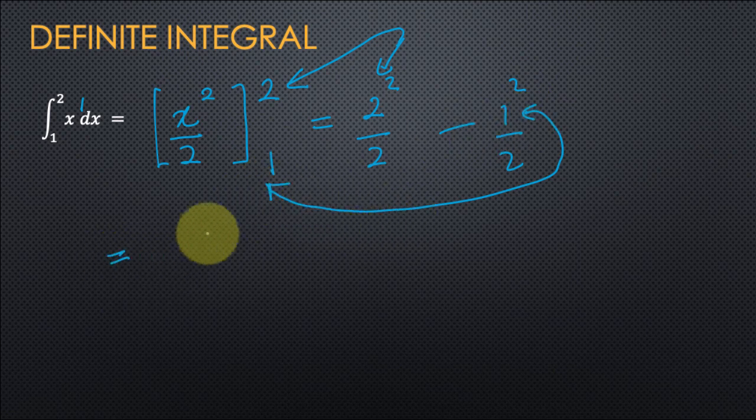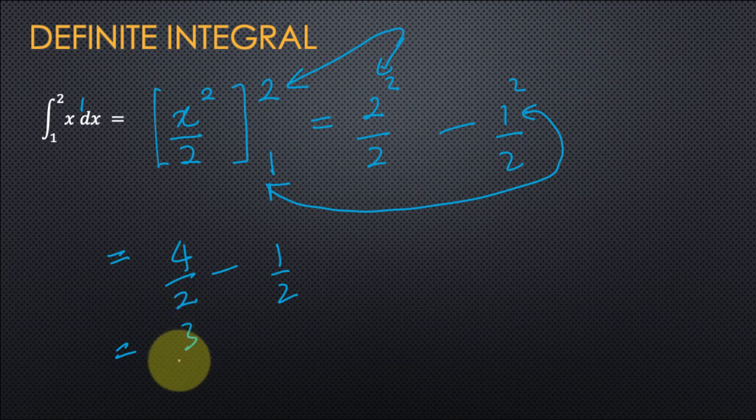So this is equal to 4 over 2 minus 1 over 2 equal to 3 over 2.